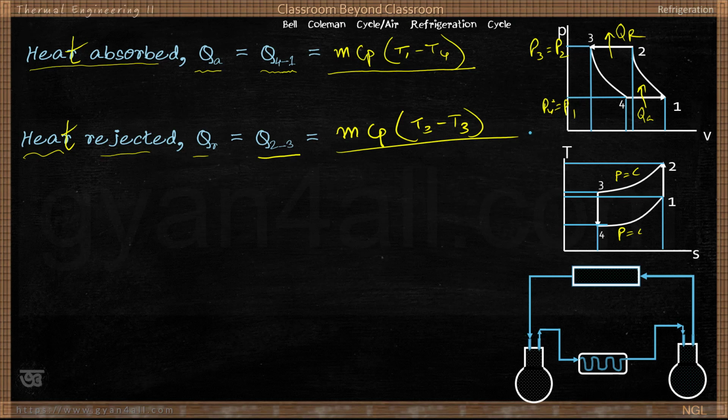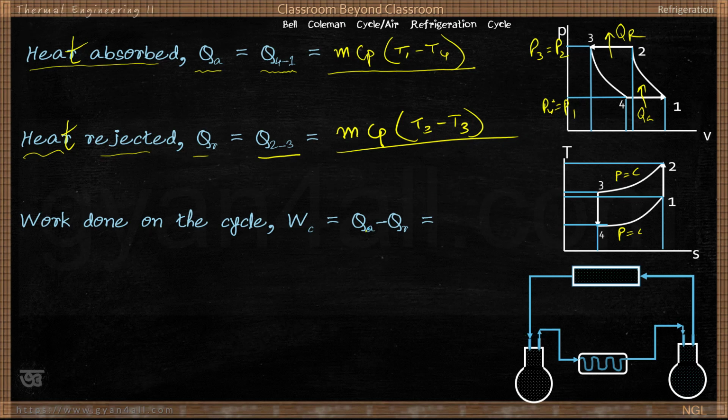Okay. In the gas turbine we discussed that work done by the system was heat supplied minus heat rejected. But in the refrigeration cycle, we are going to find out work done on the system. So that we will call the compressor work. So what will be the compressor work? That is equal to heat rejected minus heat absorbed.